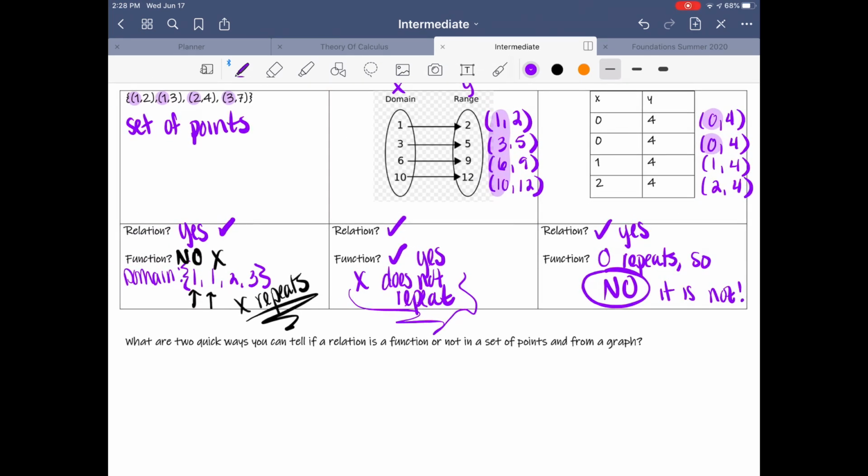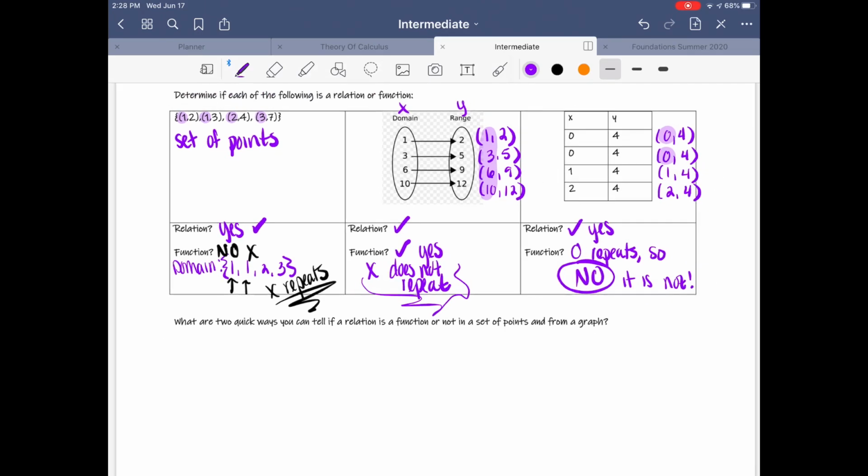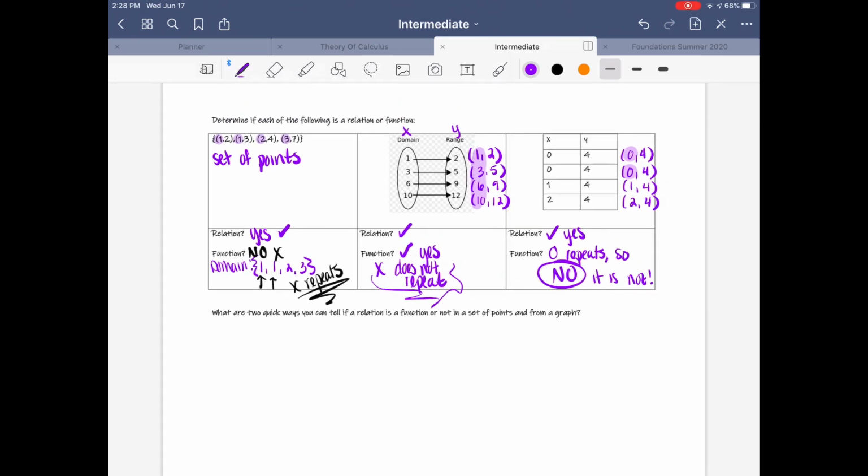What are two quick ways you can tell if a relation is a function or not in a set of points from a graph? So we didn't actually have an example with a graph. I'm going to show you a quick example based on the table of values. So the last one we did, I'm going to draw a quick sketch of a graph here.